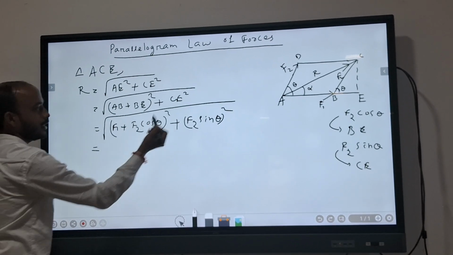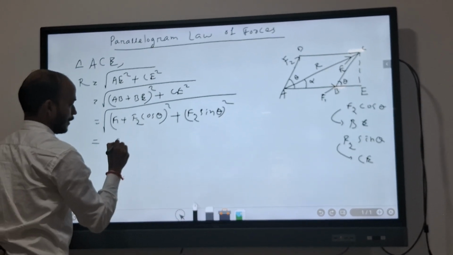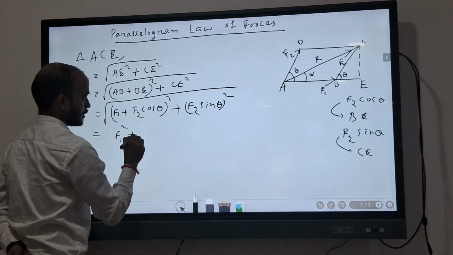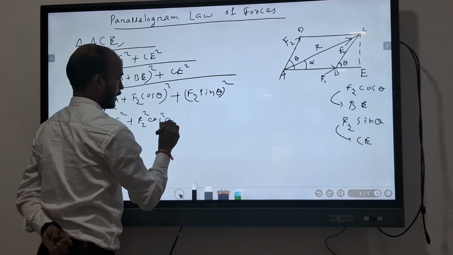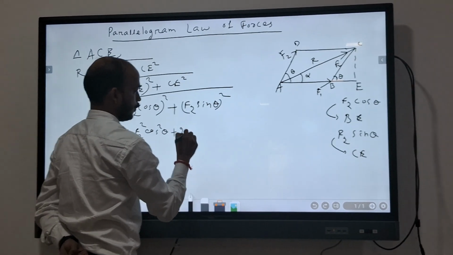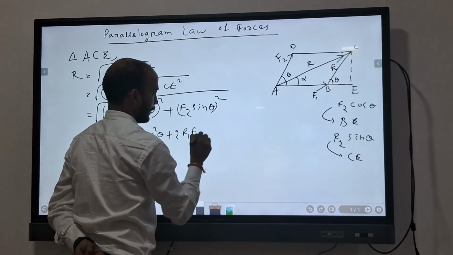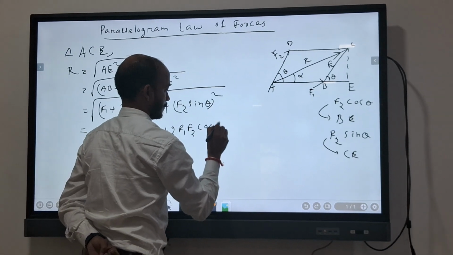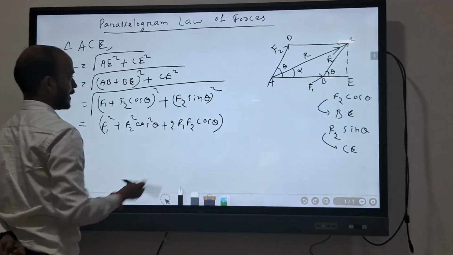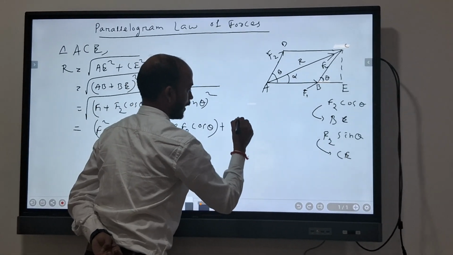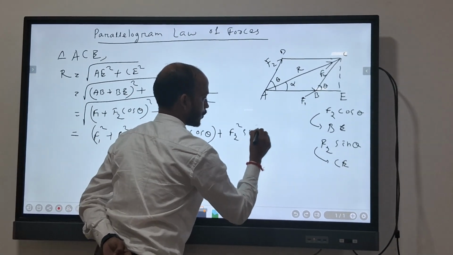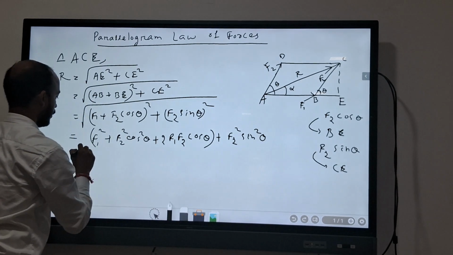According to (A plus B) whole square, this will be F1 square plus F2 square cos square theta plus 2 F1 F2 cos theta. This is your first part, and the second part is F2 square sin square theta, so in total.